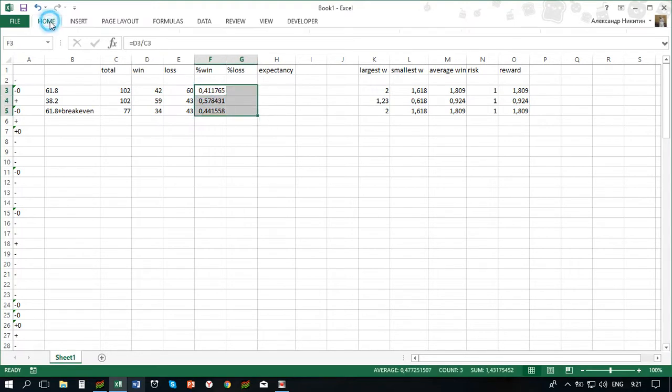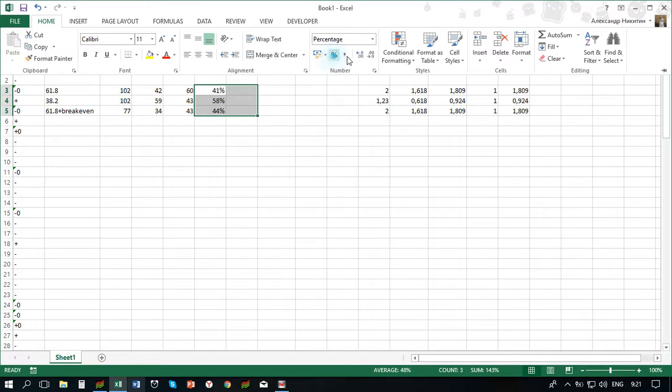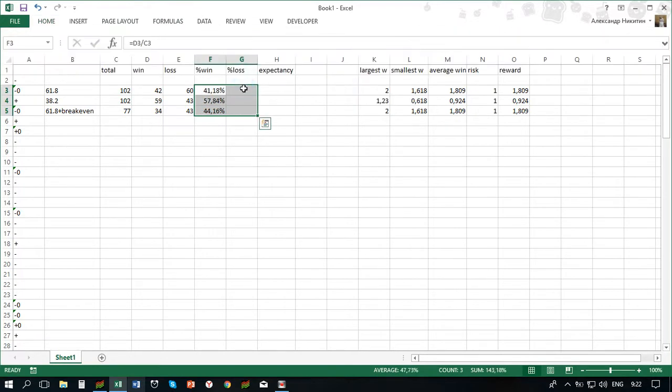Let me do it this way. Okay, and the percent of loss equals loss divided by total. Okay, now we have it this way. Now let's calculate the expectancy.